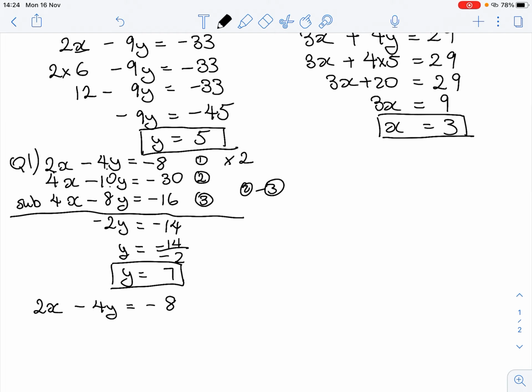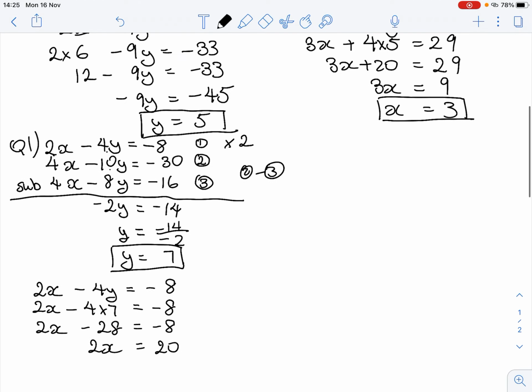We substitute 7 into the equation: 2x minus 4 times 7 is 28, equals minus 8. To get rid of the minus 28, we add 28 on both sides. So minus 8 plus 28 is 20, and 2x equals 20. So x equals 10, dividing by 2 on both sides.